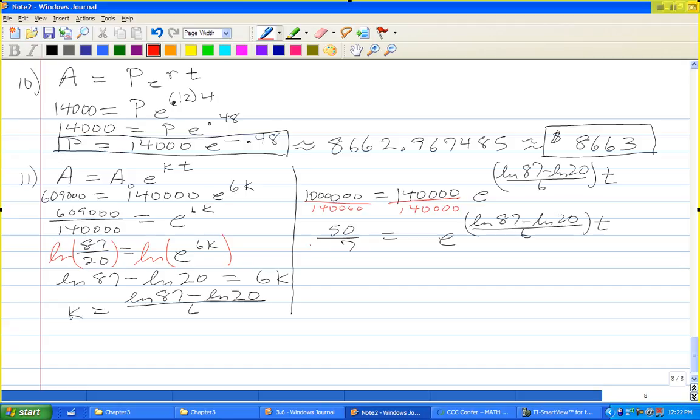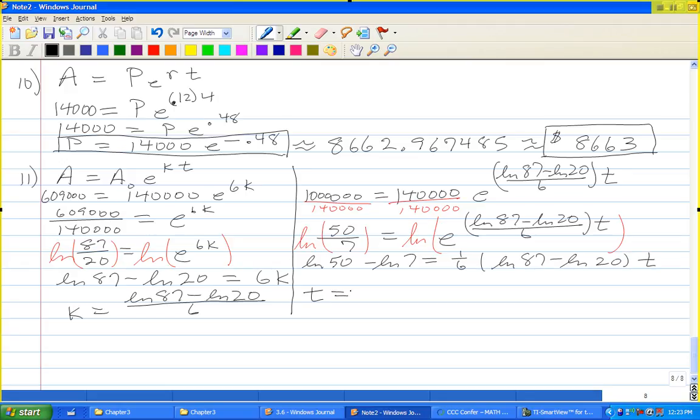Take ln of both sides of your equation. So you get ln 50 minus ln 7 is 1/6 (ln 87 minus ln 20) t.